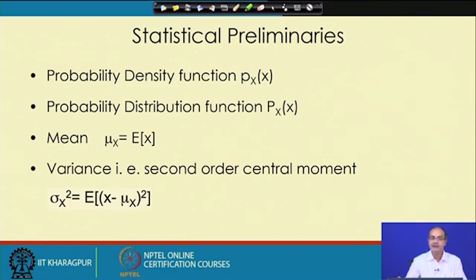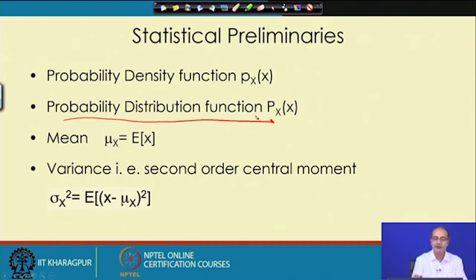But if it is a discrete signal, then we cannot actually get the density function. For that we need a probability mass function or probability distribution function.